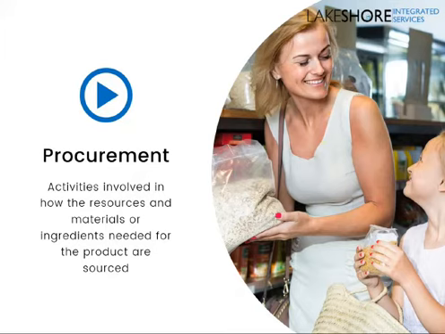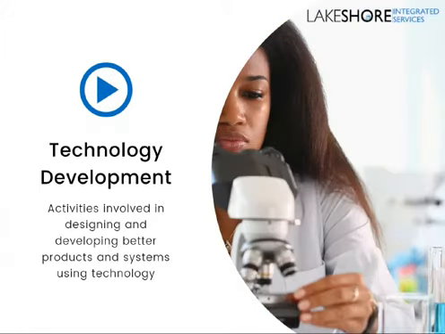So the next set of activities falls under technology and development. Activities involved in designing and developing better products and systems using technology. So when you automate payment, you decide to start using systems that automate payment, the customer is supposed to pay you for it because you have made paying for the product that the customer needs to solve his problem more efficient.